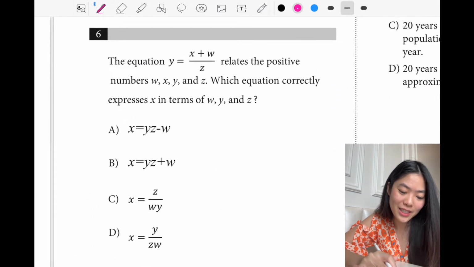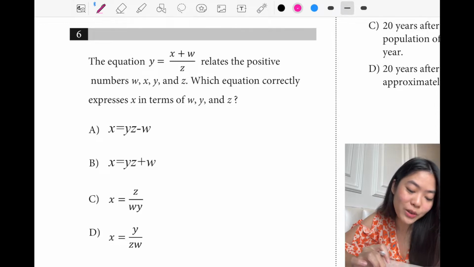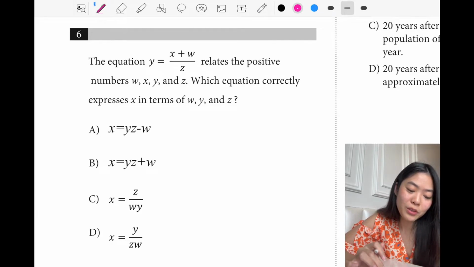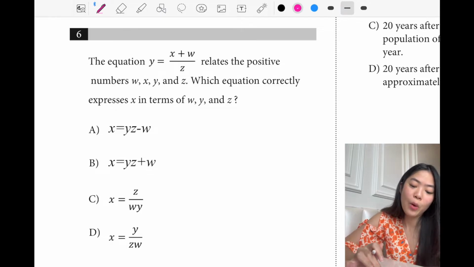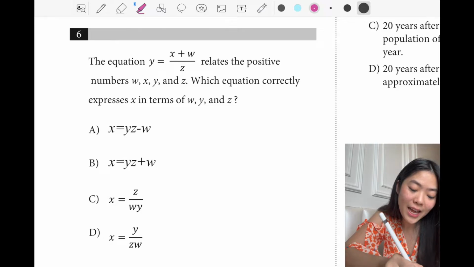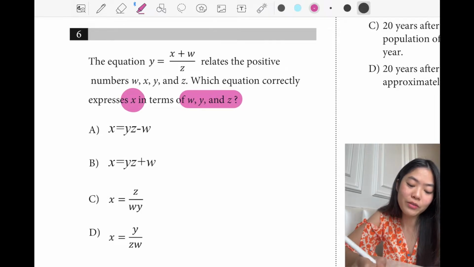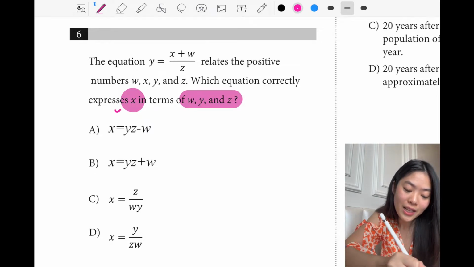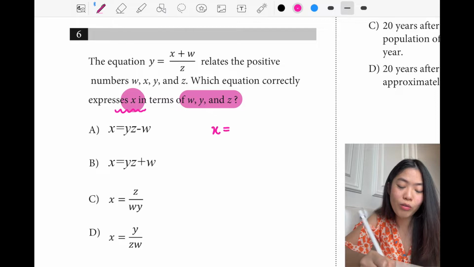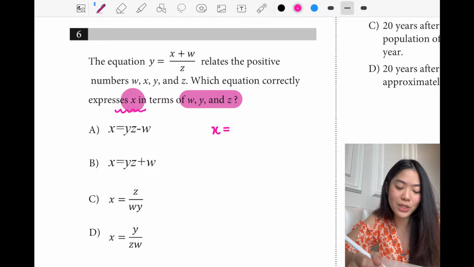Next, question 6. The equation y equal to (x plus w) over c relates to the positive numbers x, w, y, and c. Which equation correctly expresses x in terms of w, y, and c? So here, the question wants you to solve for x, or make x the subject.